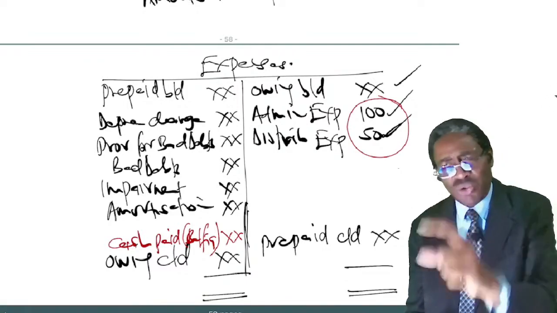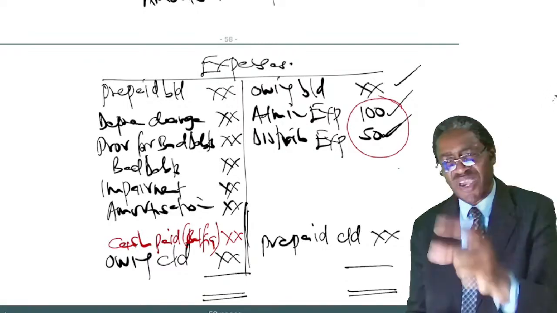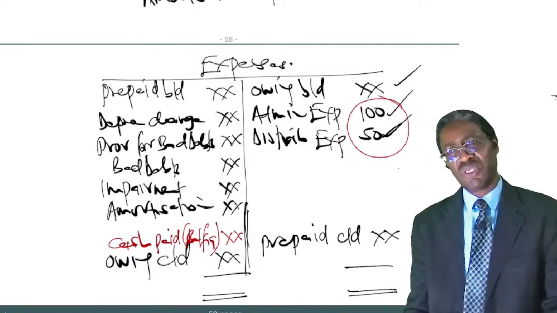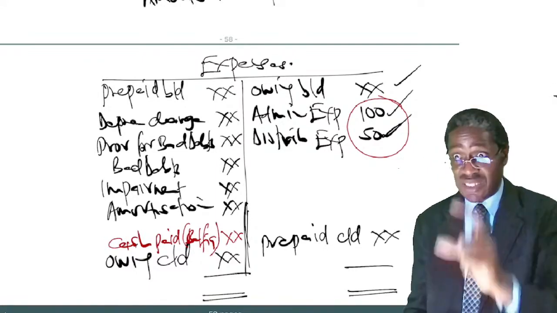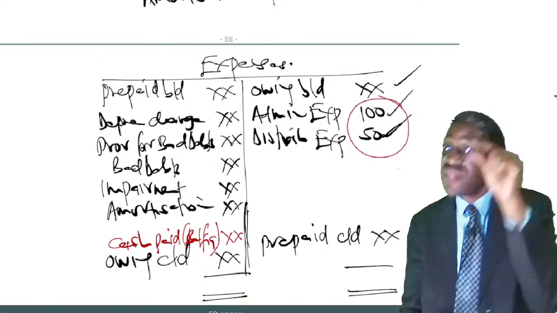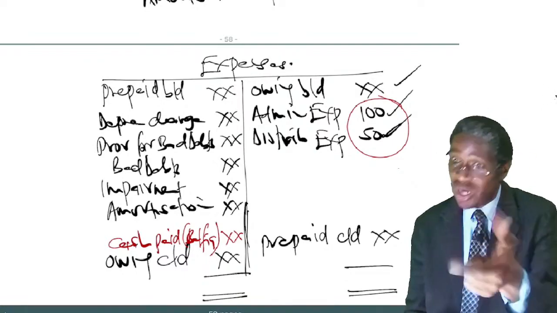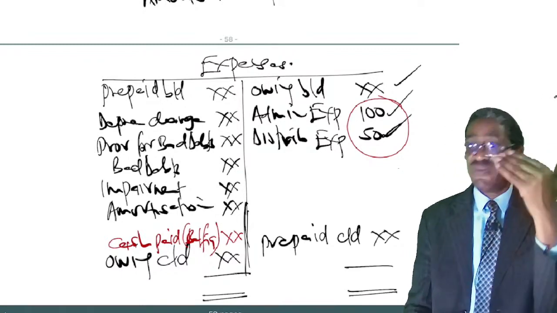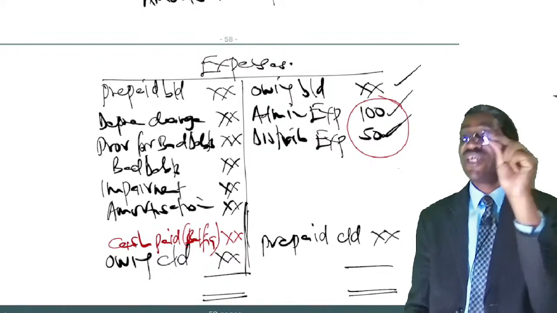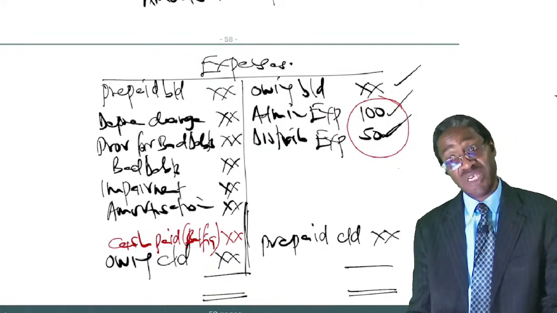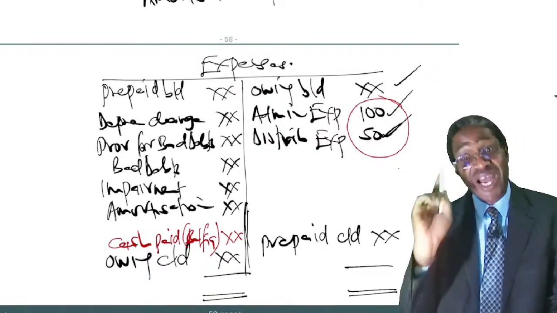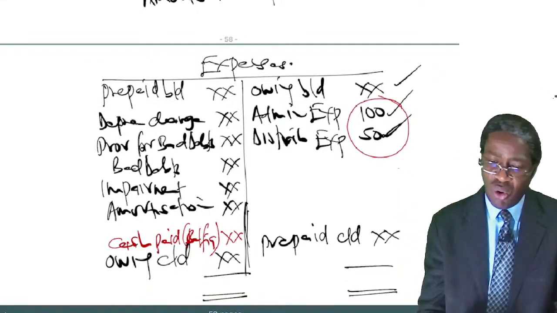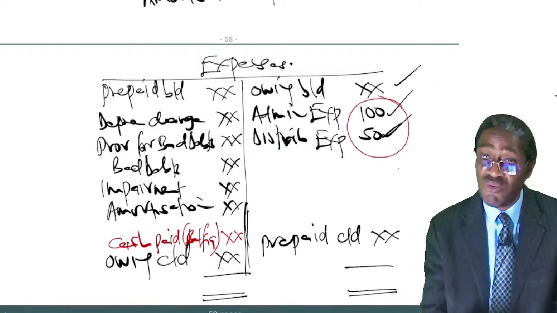Is that loss on disposal affecting what I'm looking for? The answer is yes, because they are within one of them. If it's a loss on disposal of motor vehicle, it's within the distribution. If it's a loss on disposal of office equipment, it is within the admin. So for that case, I'll be required to remove it.